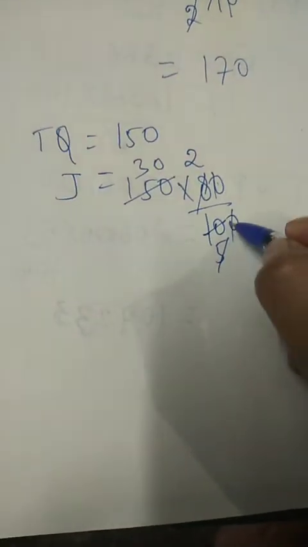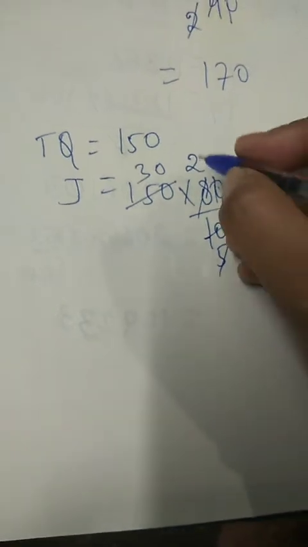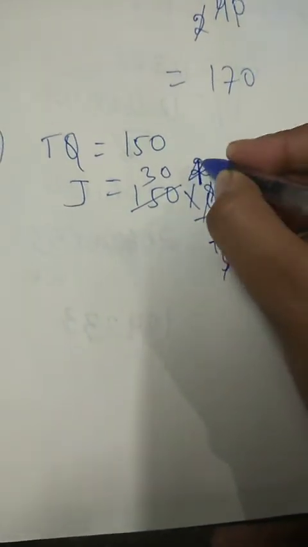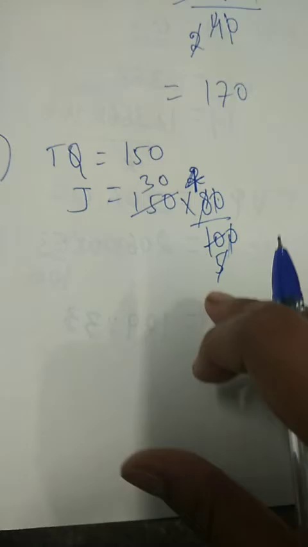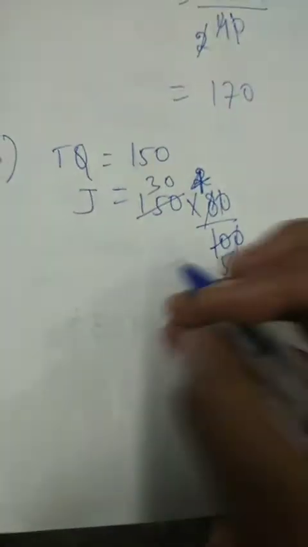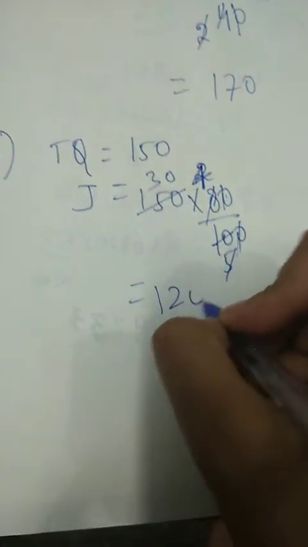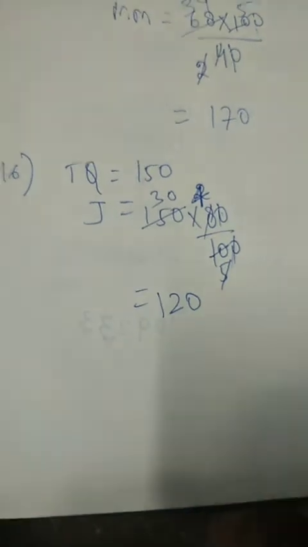This is 0 0 cancel, and this is 2 4s are 8, 2 5s are 10, and 5 1s are 5, 5 3s are 15. This is 120. So 120 was the correct answer count for John.